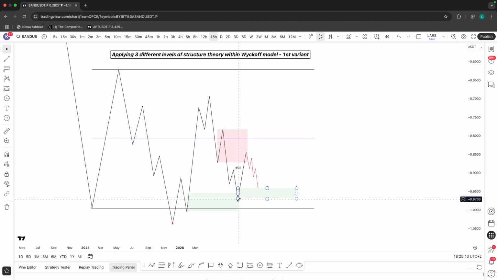Your level 1 market structure within the Wyckoff model is always going to be the market structure coming into your third tap, because that's what you're going to be looking at to confirm the Wyckoff model, in this case of an accumulation for a bullish breakup structure.